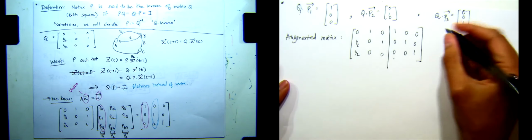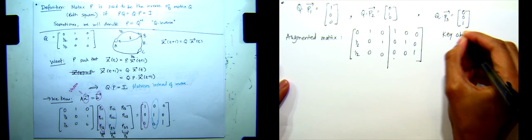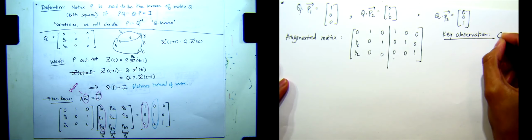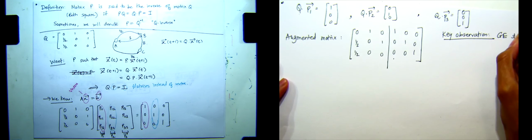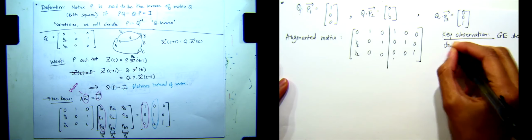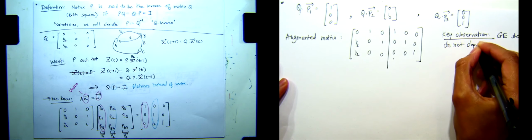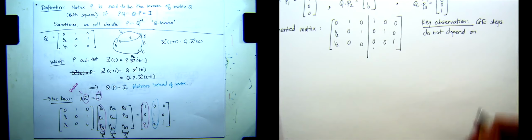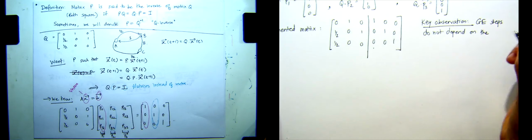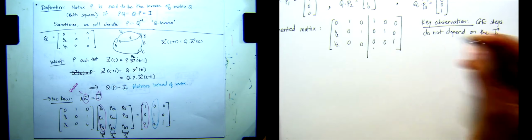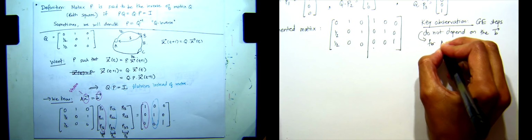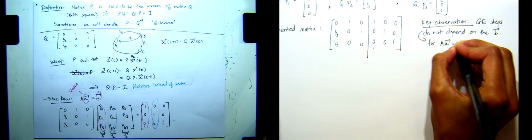But the key observation that we are using is that Gaussian elimination steps do not depend on the b vector. Gaussian elimination steps for Ax equal to b.